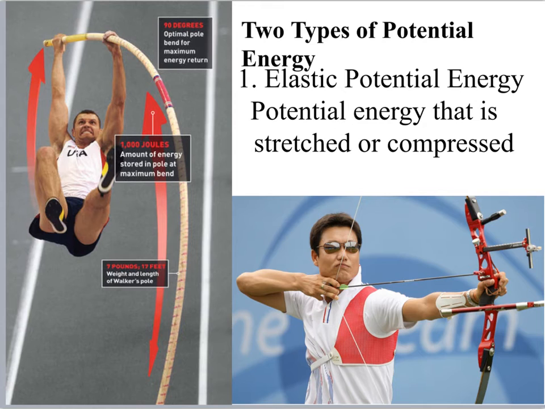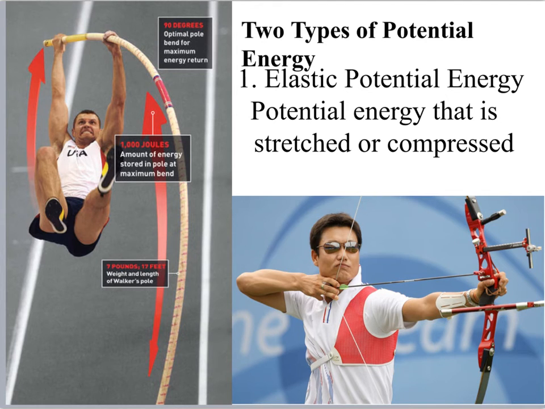When the pole vaulter bends the pole with his body weight and his velocity, he's able to stretch the pole, and as he continues to go up, he can then have that energy released in the form of kinetic energy. But all the potential is coming from the elasticity of the pole and how he manipulates his body.